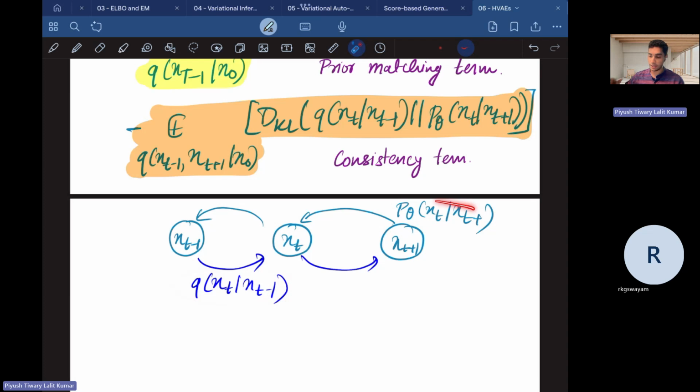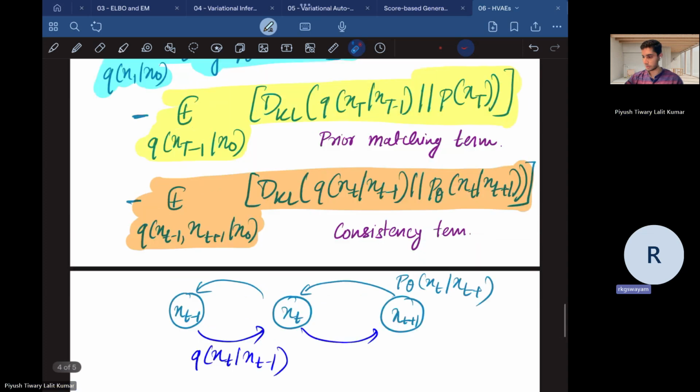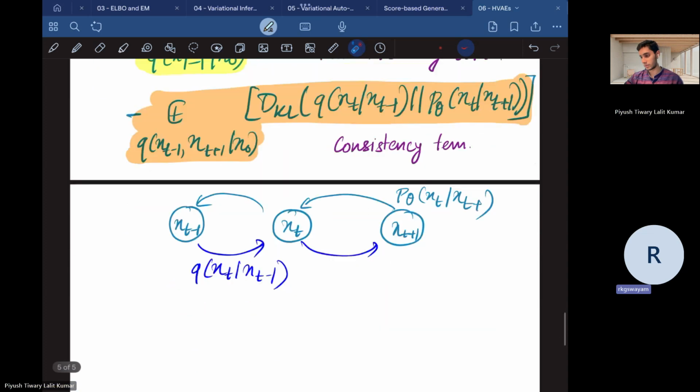So at xt the distribution should be consistent. Does that make sense? Yes, we have xt plus 1 with p and xt minus 1 with q, which makes sense.